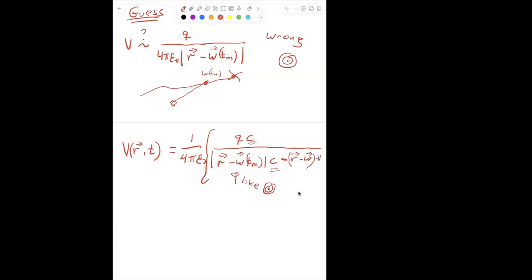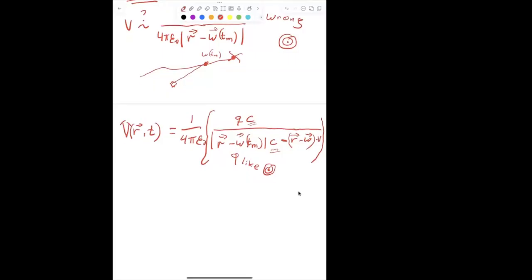Times v. Wow. What an equation. What is v? Okay, this is the potential. This V and that v is not the same. What is v? v is the speed of the particle.